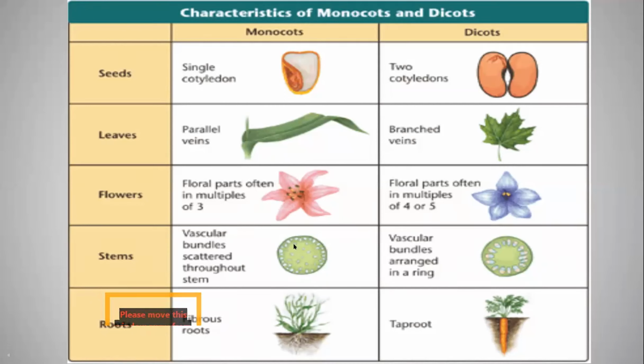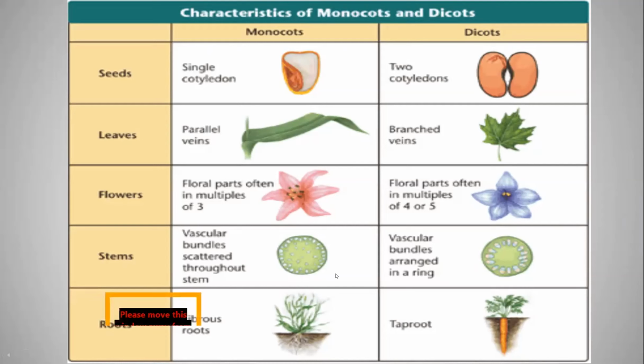You see those small dots inside here? Those are the vascular bundles scattered in the stem. But for the dicotyledonous plants, the vascular bundles are arranged in a ring. You can see this is 1, 2, 3, 4, and so on. They are arranged in a ring.